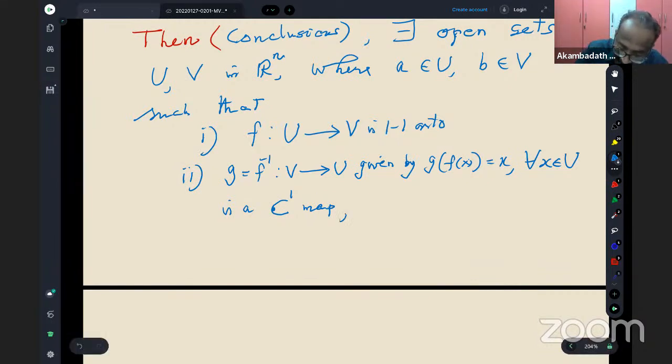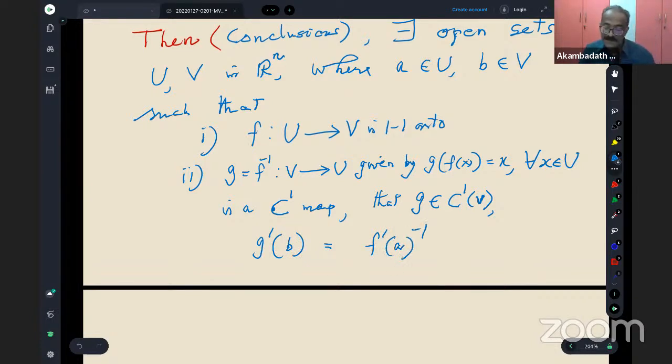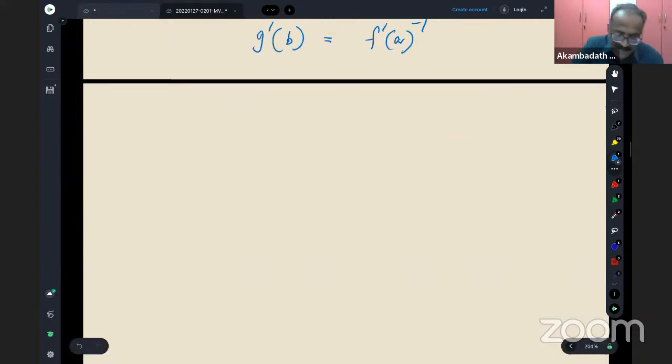That is, g is in C1 of V. And you also have the exact computation of what g prime at B is. Now, g prime of B is nothing but f prime of A inverted, which is invertible, and its inverse is given by that. So it's very easy to understand.